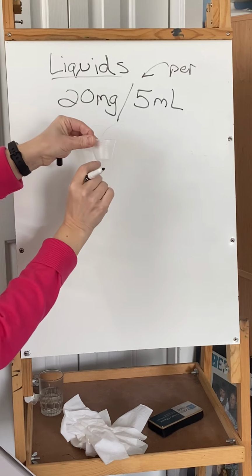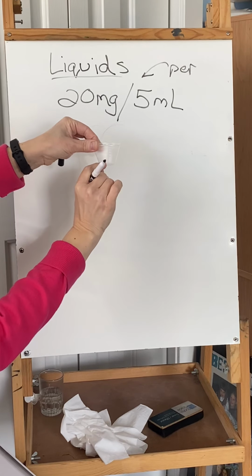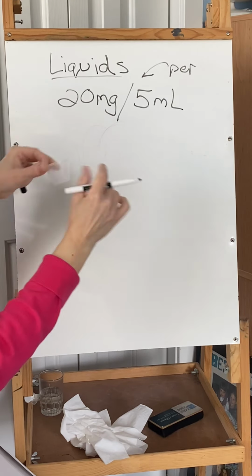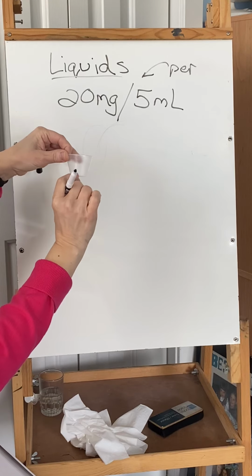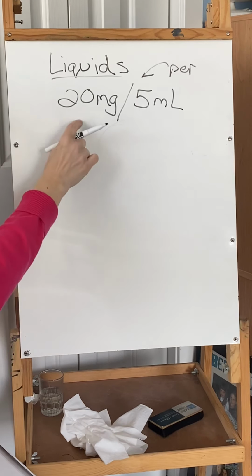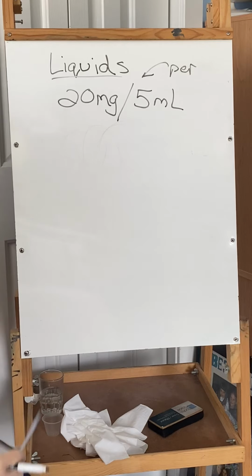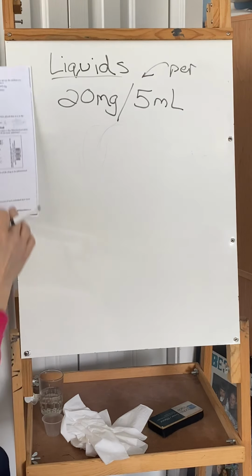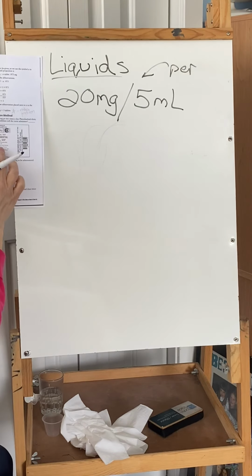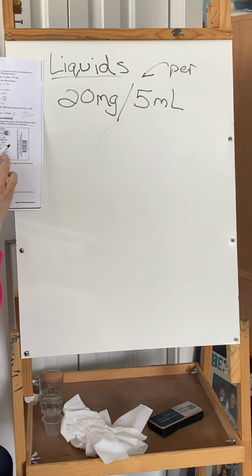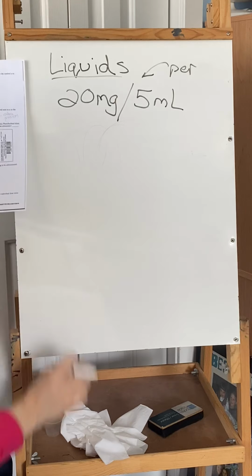Every time you give a patient a dose of this much, they're getting 20 milligrams of the drug. And that is said right on your label. Contains 20 milligrams phenobarbital per 5 ml.